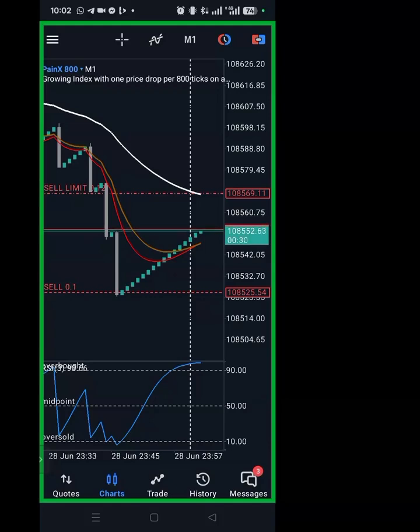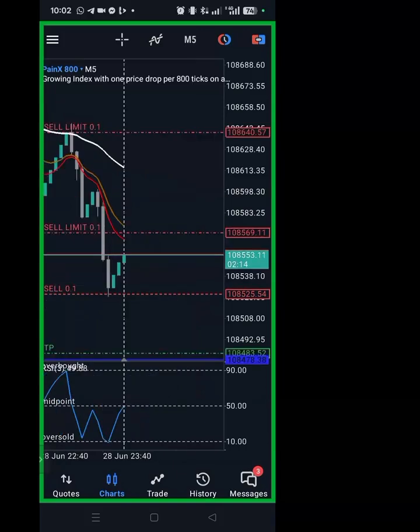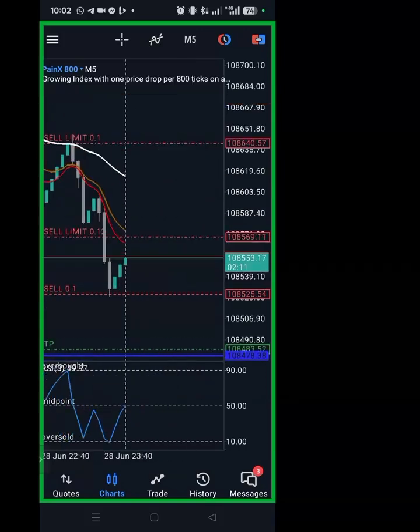And if you see the relative strength index down here, you can see that it has reached the top. 90% is overbought. Any moment from now, we're expecting a spike down on the 1 minute time frame. Even on the 5 minute time frame, it is telling us we still have a long way to go, while the relative strength index is touching the midpoint.